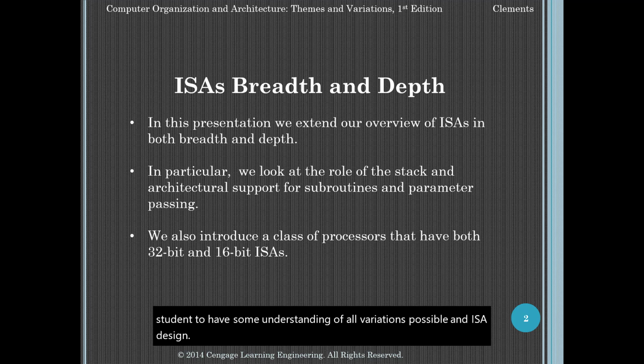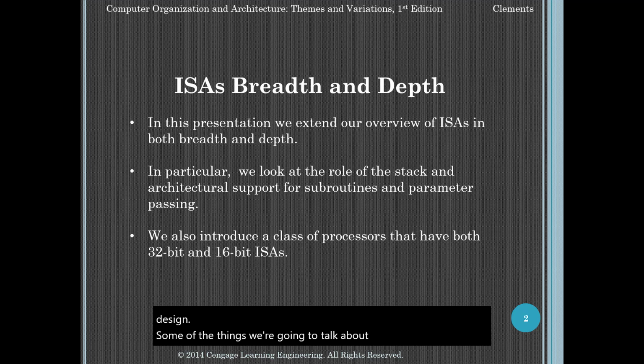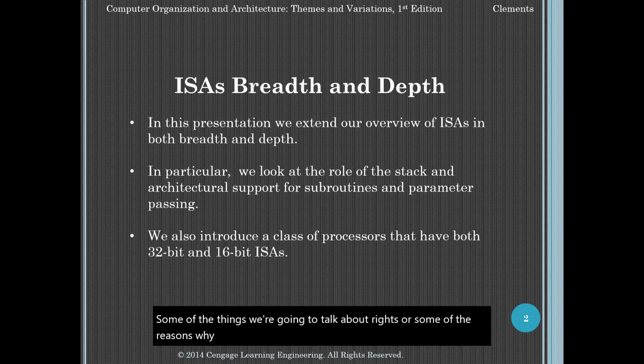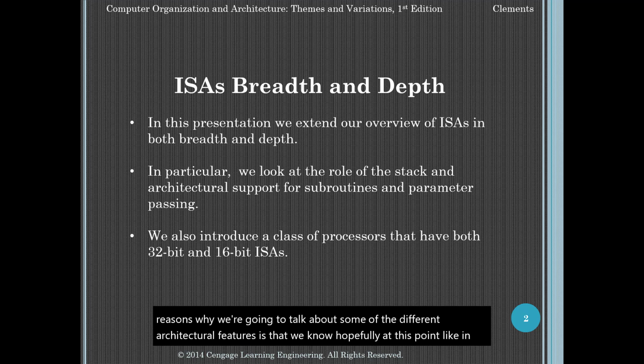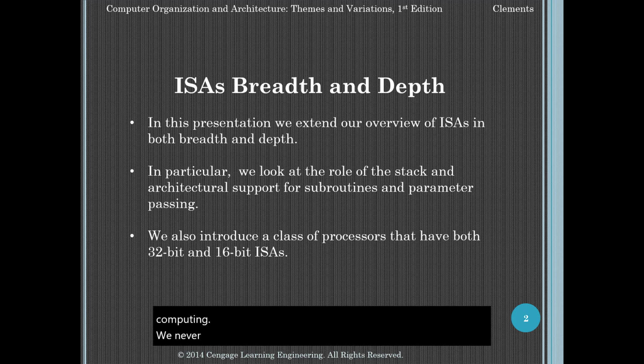So some of the reasons why we're going to talk about some of the different architectural features is that we know, hopefully at this point, that in computing we never stop changing. We never stop inventing. And the techniques that have fallen out of favor sometimes reappear in later generations of a processor, or it's a variation of a theme.